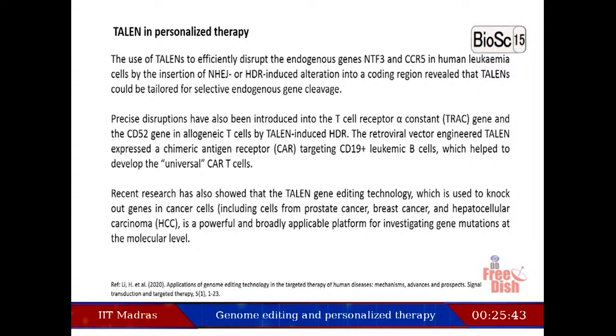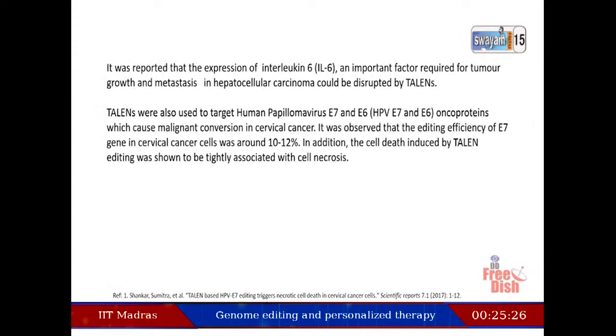Recent research has also shown that the TALEN gene editing technology, which is used to knock out genes in cancer cells, including cells from prostate cancer, breast cancer and hepatocellular carcinoma, is a powerful and broadly applicable platform for investigating gene mutations at the molecular level. It has been reported that the expression of IL-6, an important factor required for tumor growth and metastasis in hepatocellular carcinoma, could be disrupted by TALENs.